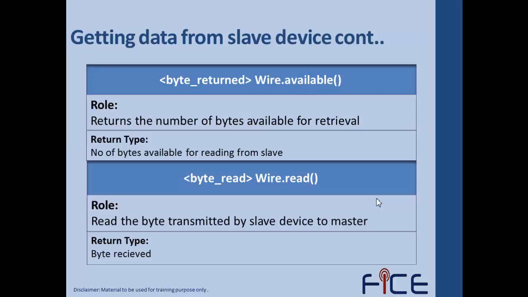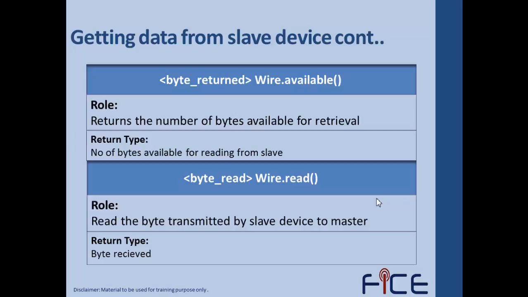So this acts as an acknowledgement signal. Once the acknowledgement signal is generated, the master device has to read the data from the slave device by using the function Wire.read.